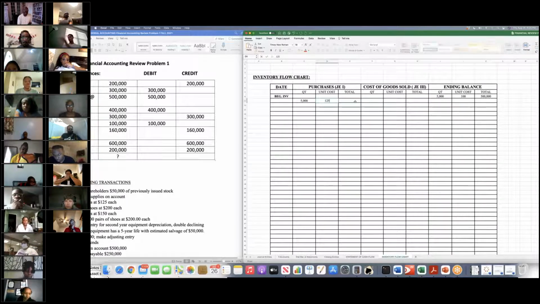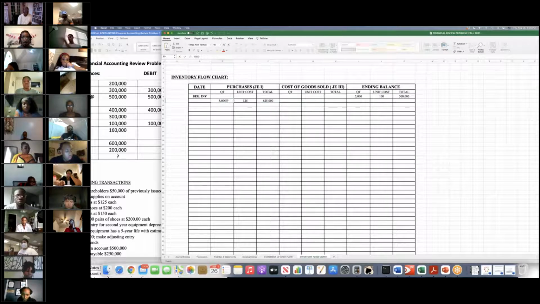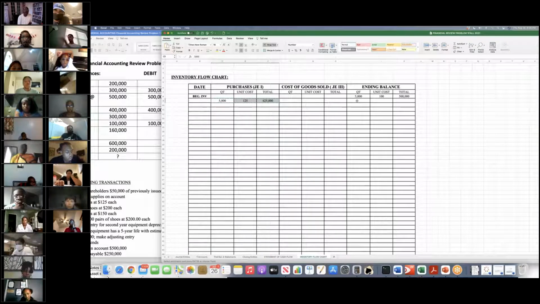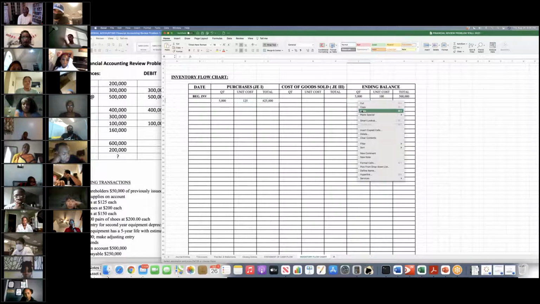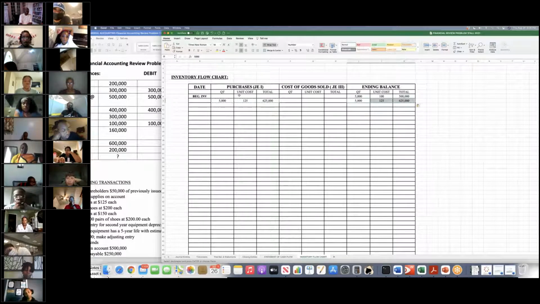So what's the total cost of the shoes? 625. So we got 625 now. And of course, with our inventory chart, then we take these numbers and what? Since it's a weighted average, we got to average it basically. We got to put them over here in the balance column. Then we had a purchase.